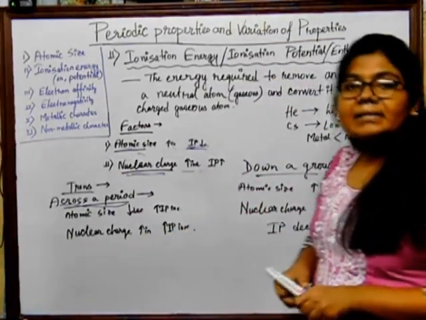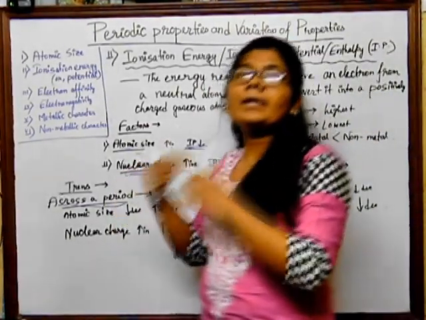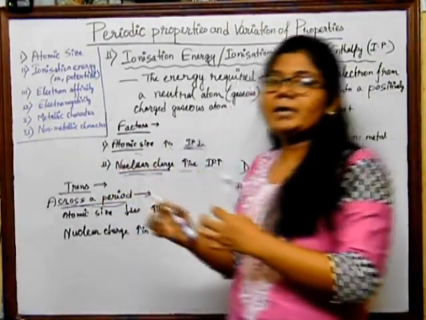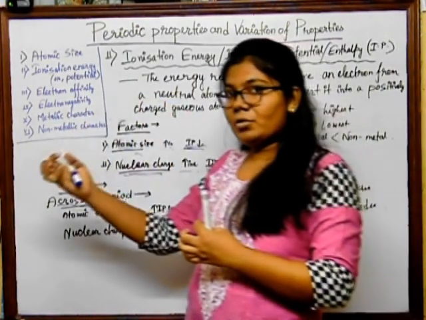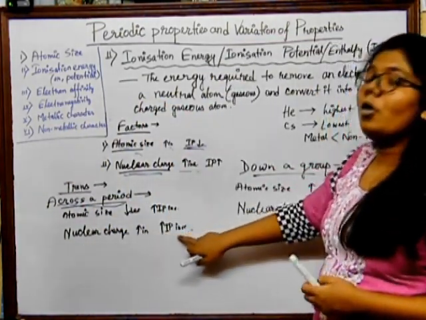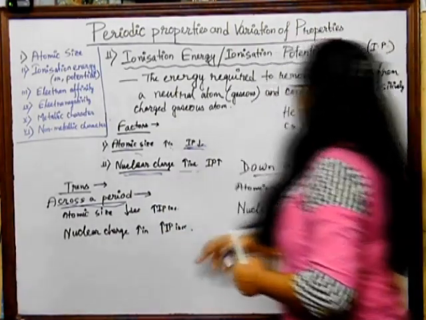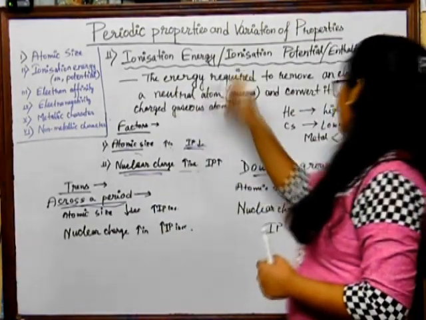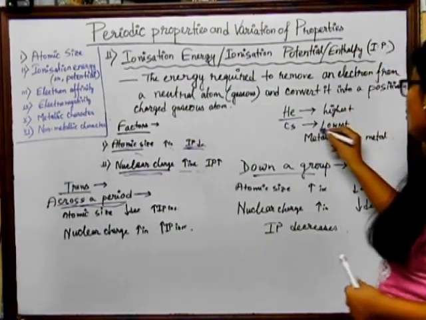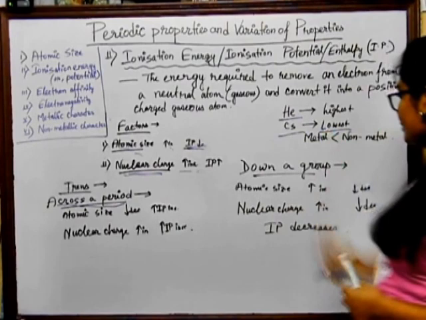If nuclear charge increases, meaning the number of protons increases, then the attraction of the nucleus to the electron will also increase, and then the ionization potential also increases. In the periodic table, the highest ionization potential will be of helium and the lowest will be of cesium.